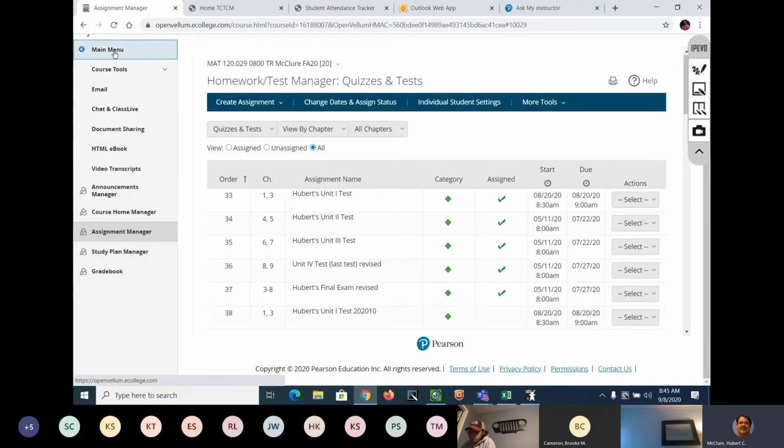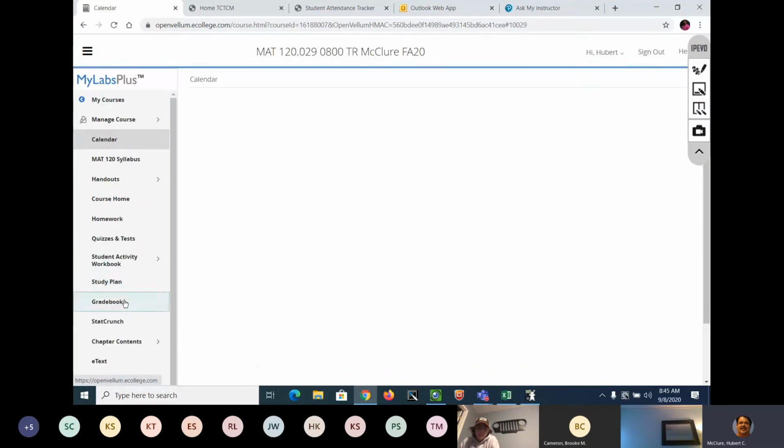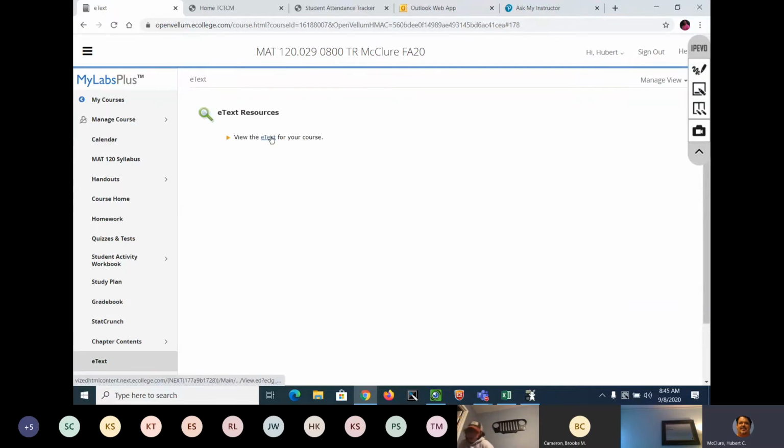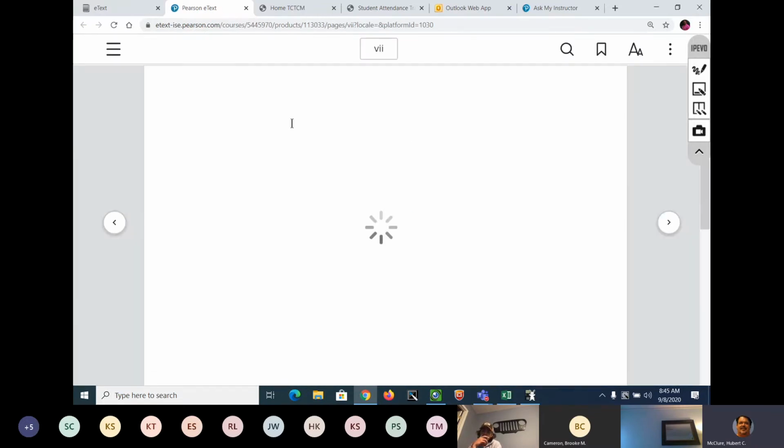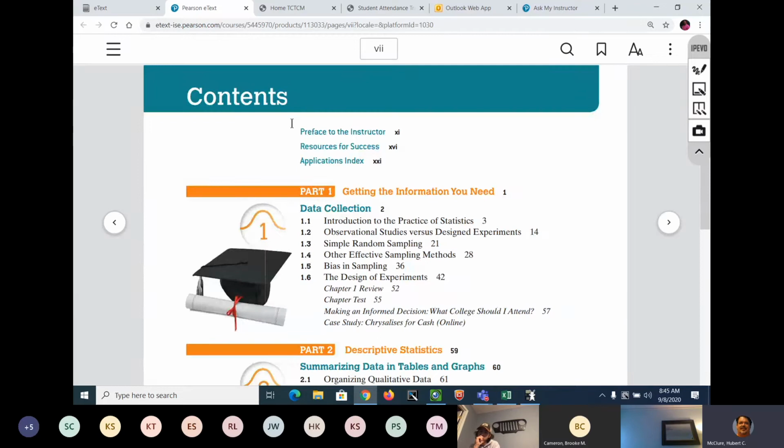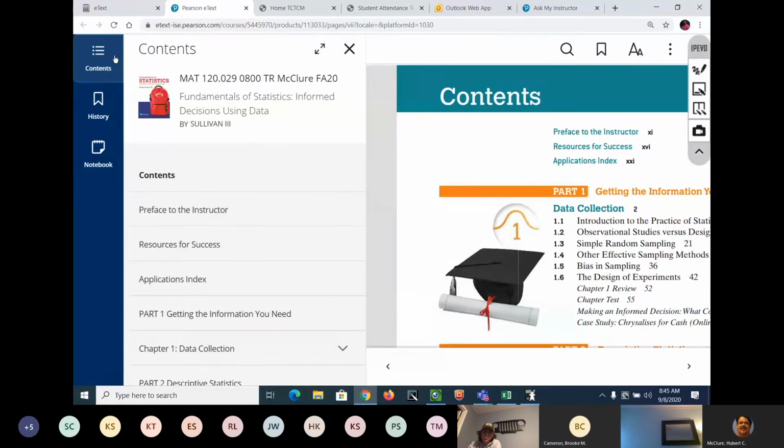So main menu, e-text, and come on, you can do it. Breakfast of Champions. There we go. Let's go to, I don't know where interquartile range is.